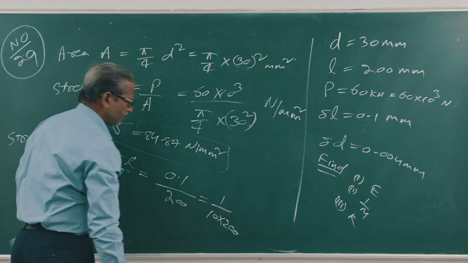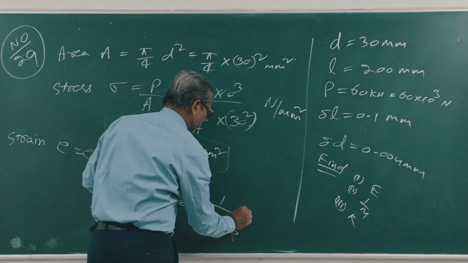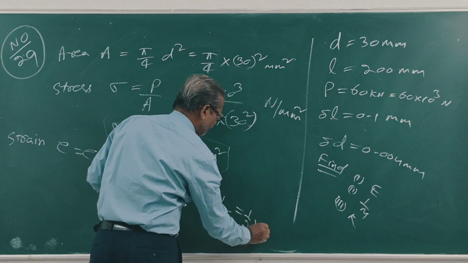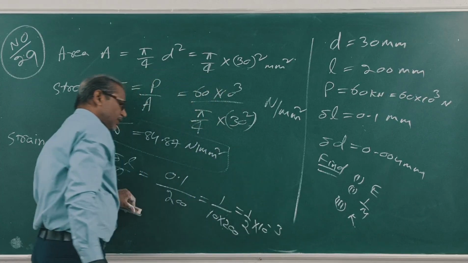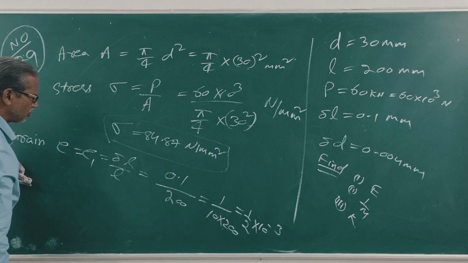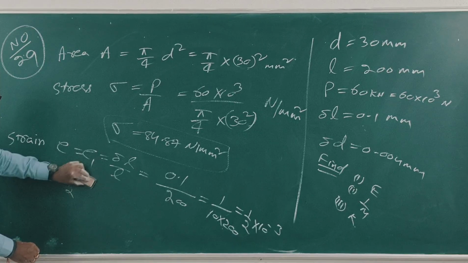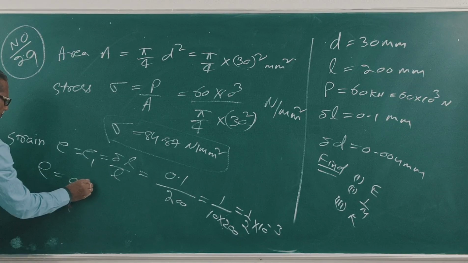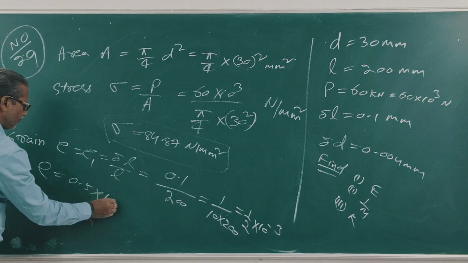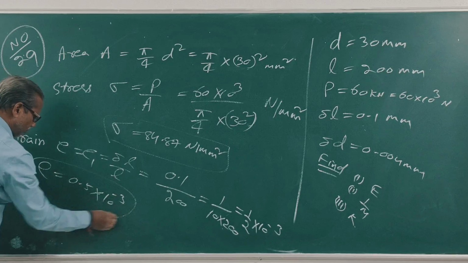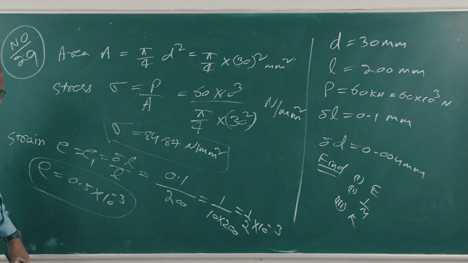Clear? So half into 10 to the minus 3. e1 is equal to e, which is 0.5 into 10 to the minus 3. Then find Young's modulus.